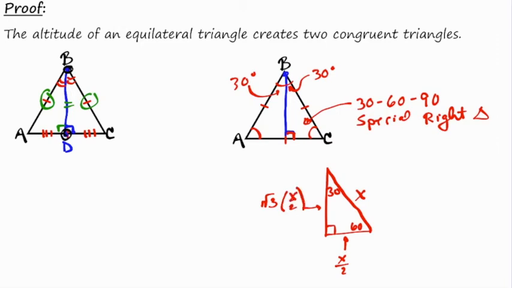So to give an example of this, if I have a hypotenuse that is 4, I would divide that by 2 to get the short side, and I would multiply that by radical 3 to get the median side. And this works only for a 30, 60, 90 triangle. That's why we call it a special right triangle.